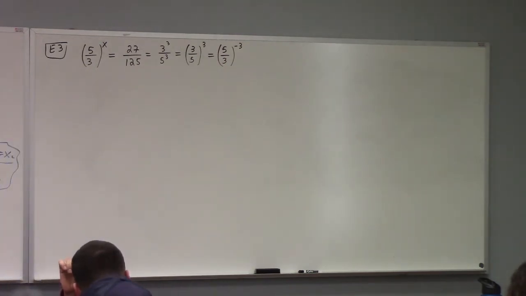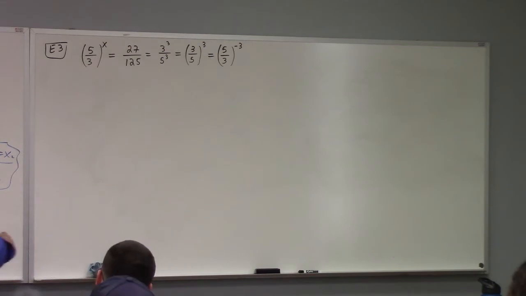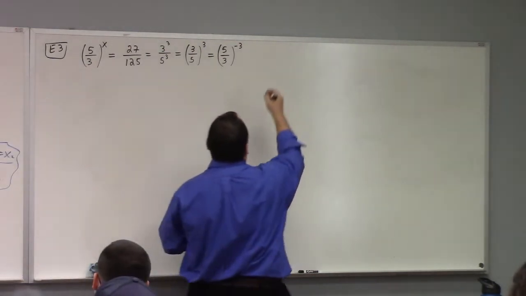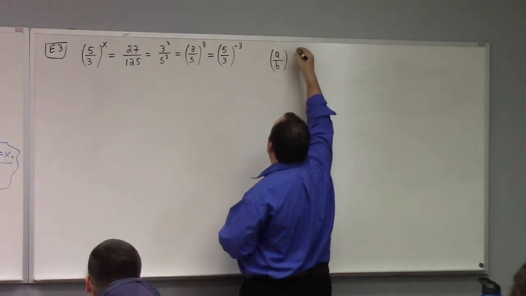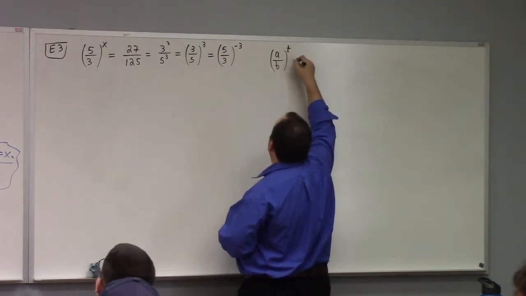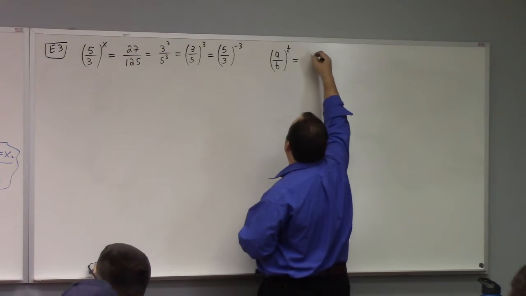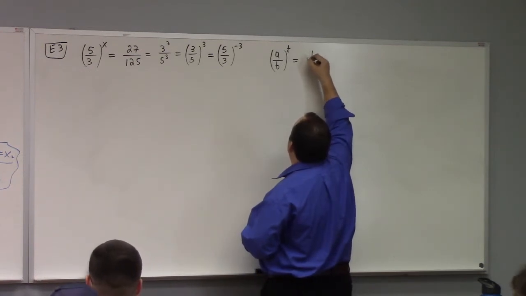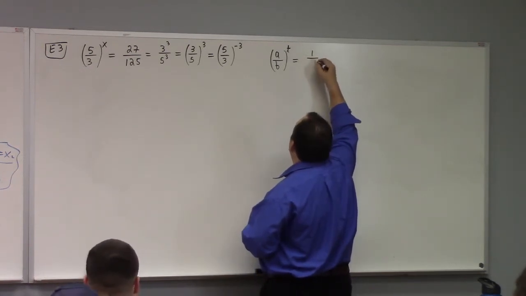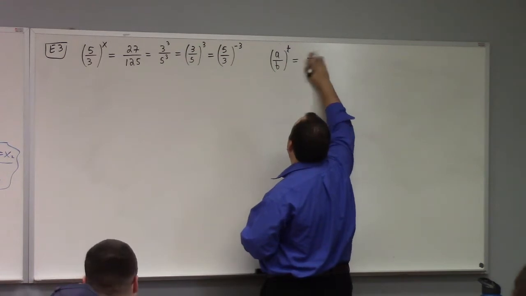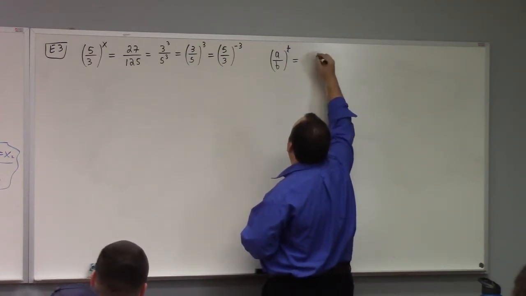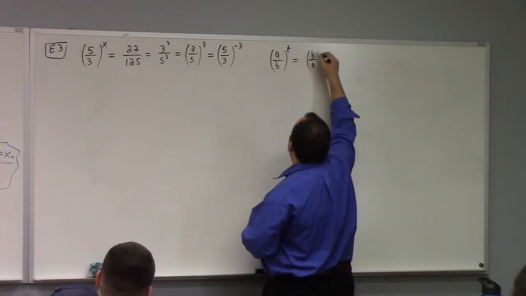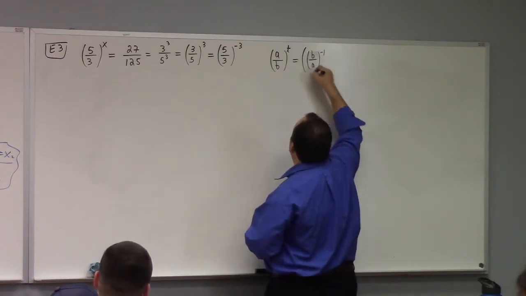Why is it the minus 3? Let's try it out here. A over B to the t power, I can rewrite that as B over A to the minus 1 power to the t.